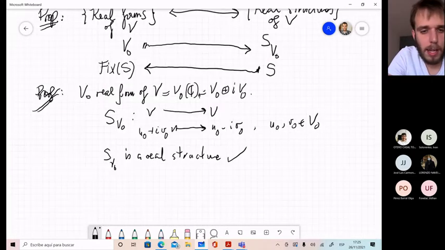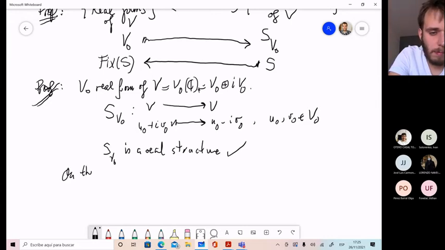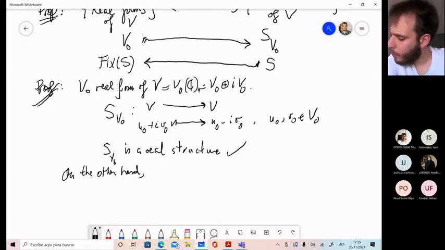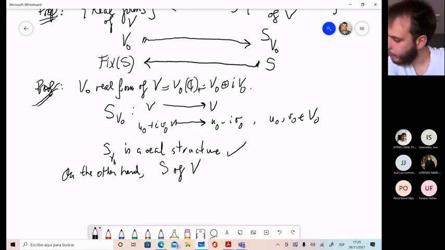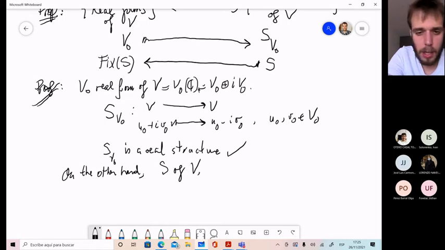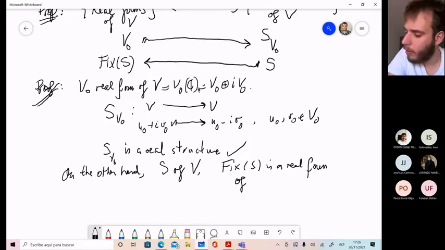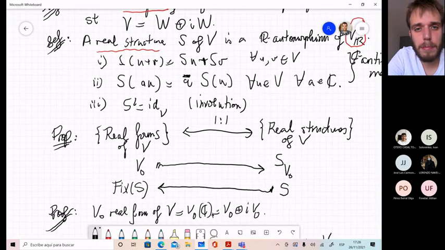And on the other hand, if you start from a real structure S of V, as I was telling you, Fix S is a real form of V. Okay, and you can also check this very easily.